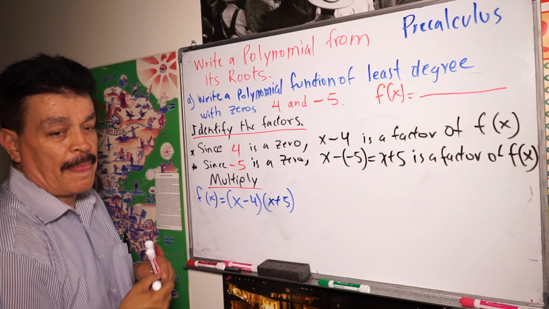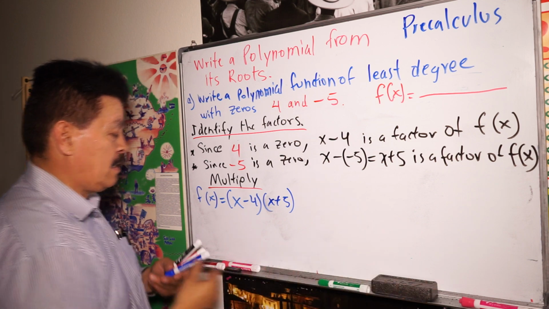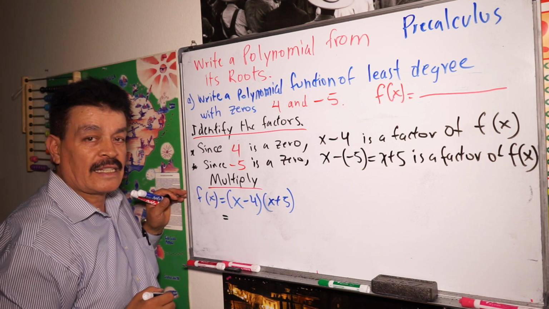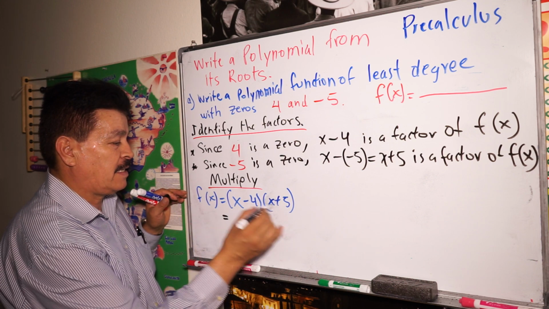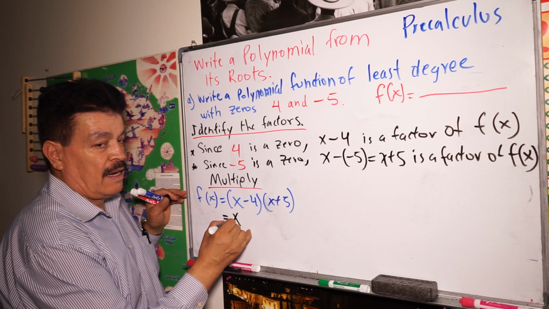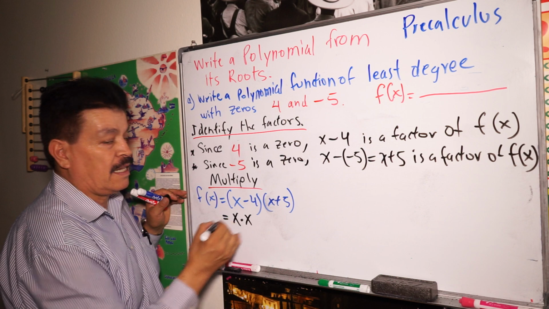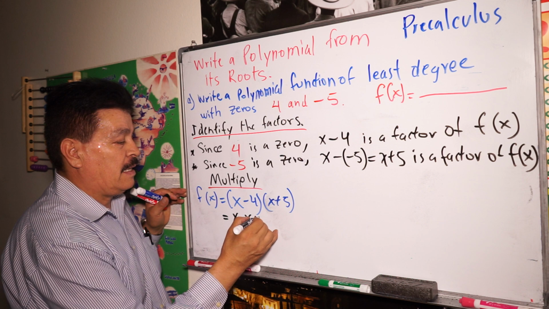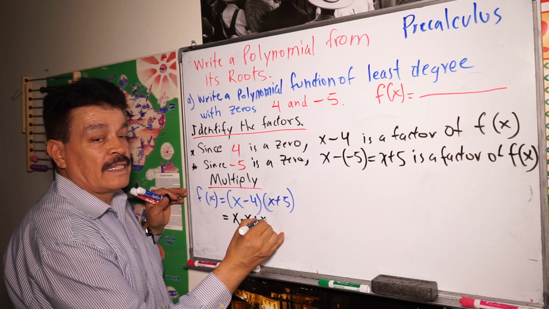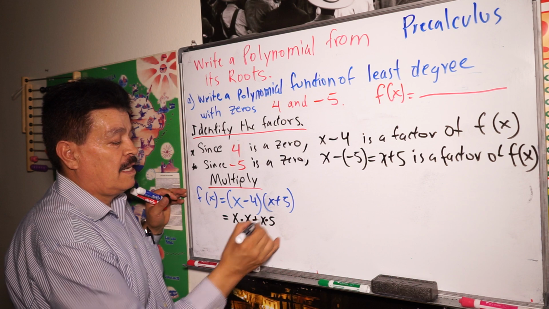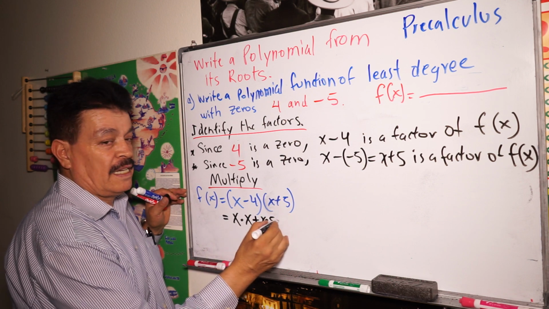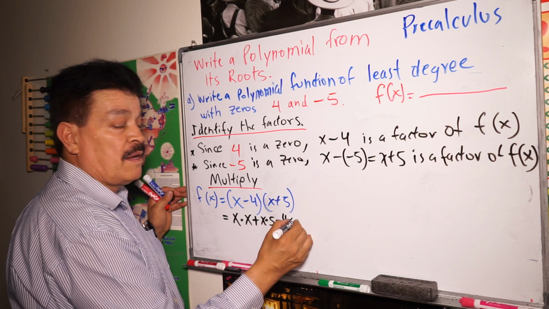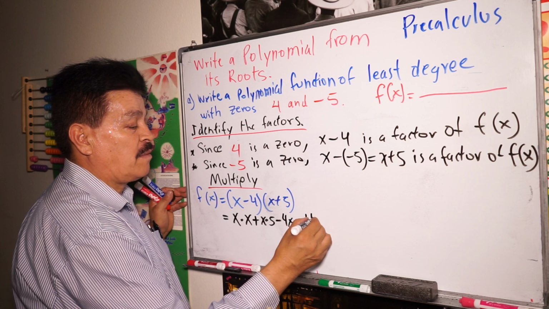When we multiply, we have x times x, then plus x times 5, and then minus 4 times x, and then minus 4 times 5.